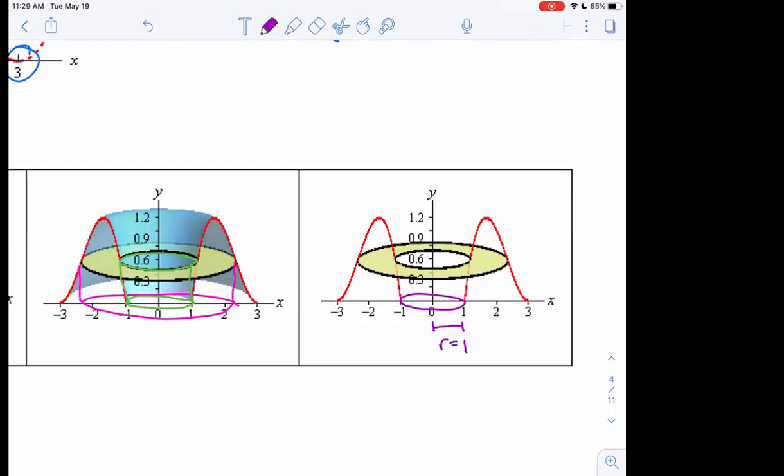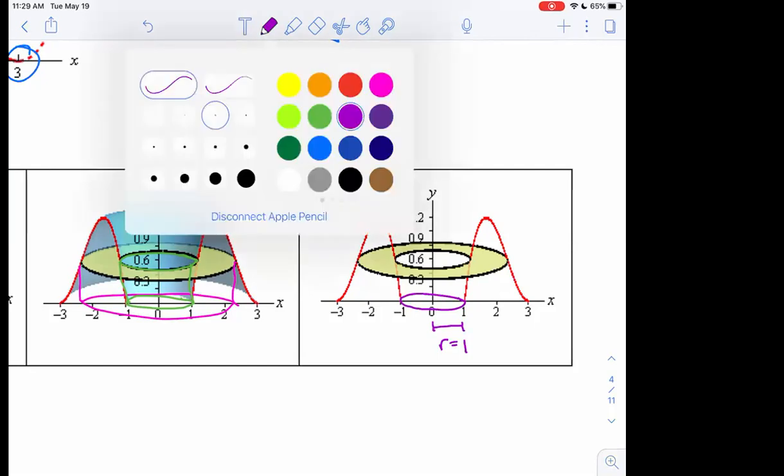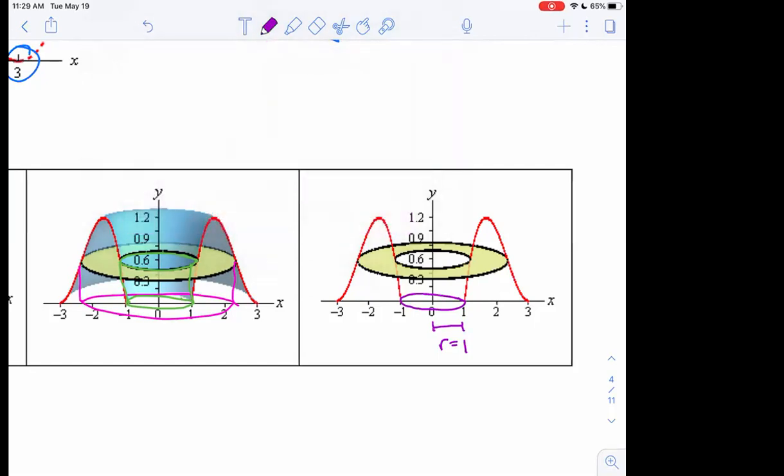Does that make sense? Yeah. Okay. If I thought about the shell that you were talking about, which was at the highest point, this shell has a radius of 2.